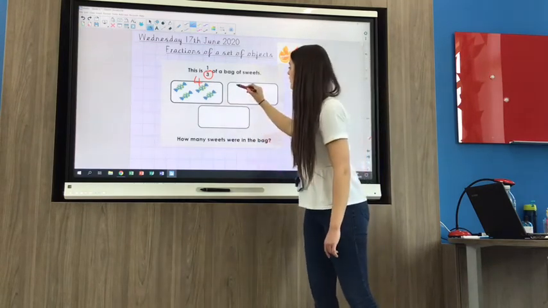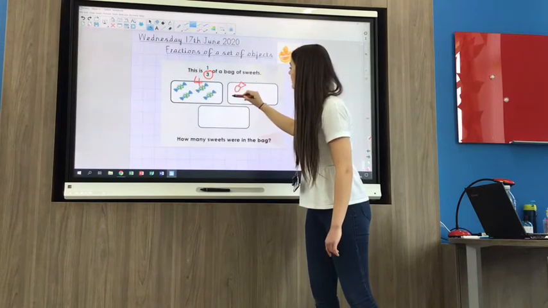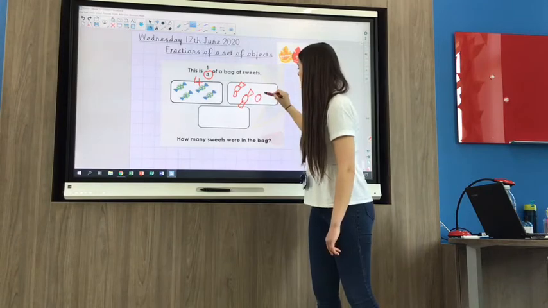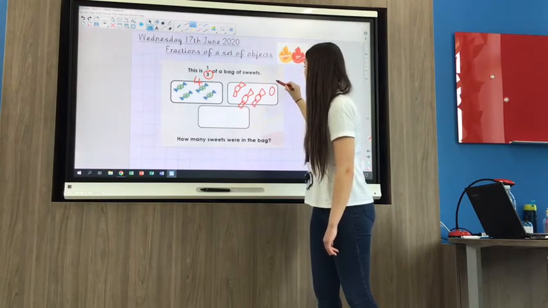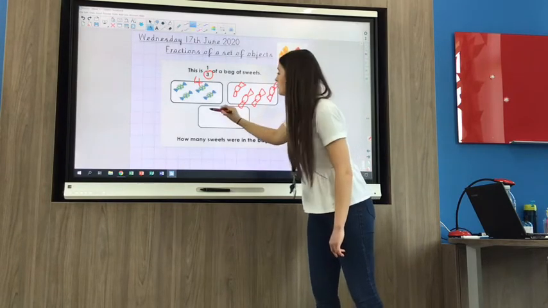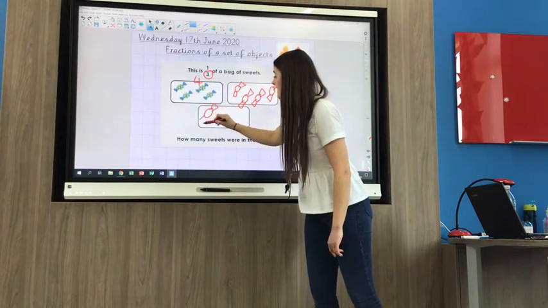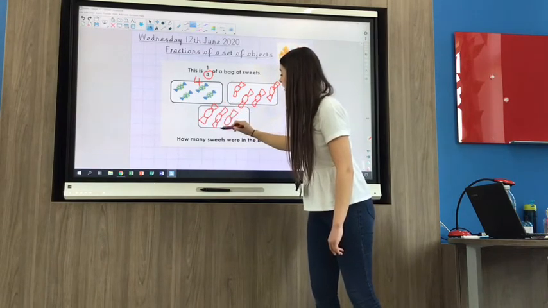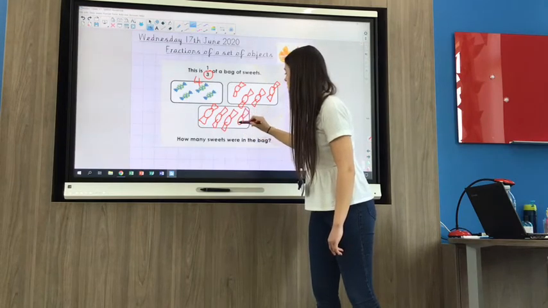So I need to draw very quickly my 4 sweets here. Now I'm sure your drawings will be much better than mine because they're equal groups. So I've got to have the exact same amount in each group. So here are my 4 sweets in each group.